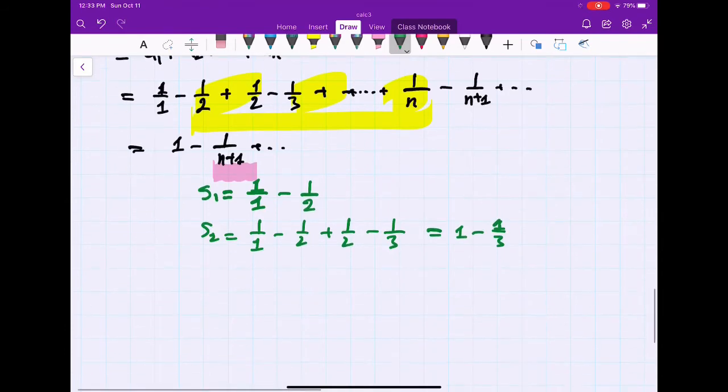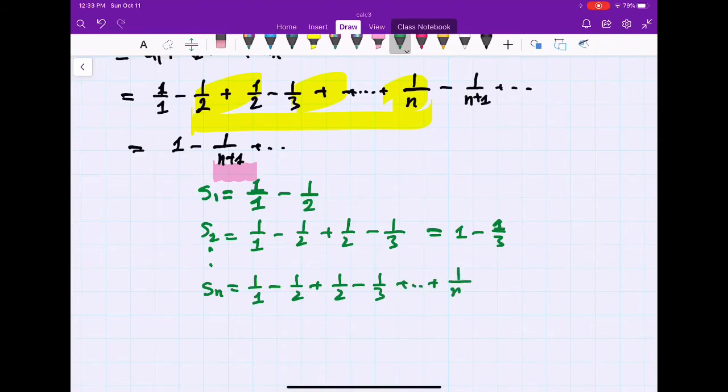Okay. And so on, Sn equal to 1 over 1 minus 1 over 2 plus 1 over 2 minus 1 over 3 plus so on plus 1 over n minus 1 over n plus 1. So as we have seen here, all terms in between will be cancelled out. So basically, Sn is equal to 1 minus 1 over n plus 1.